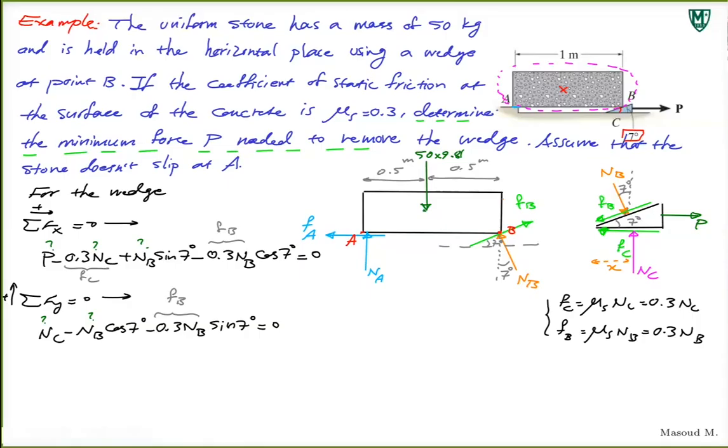But here is the problem. The new equation is also going to give me an extra unknown. So I'm going to get an extra equation with an extra unknown. Doesn't help that much.